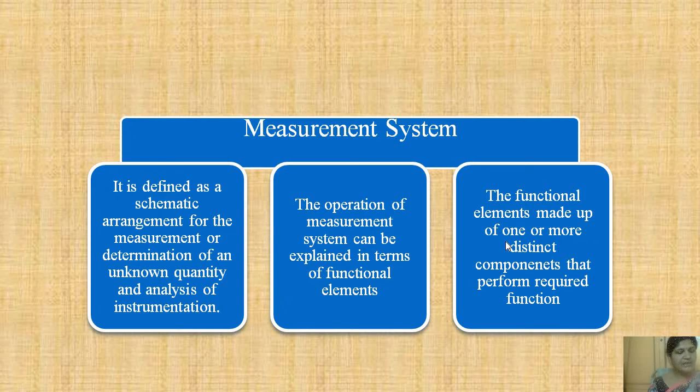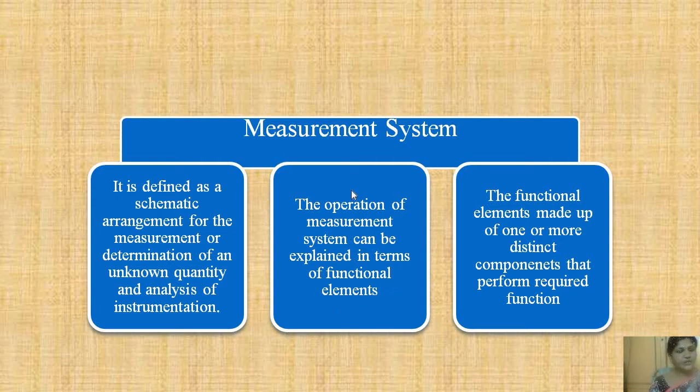So completely, the measurement system is measuring the unknown quantity, and it consists of different functional elements. So if we want to study the operation of the measurement system, we will study the function or operations of the functional elements.